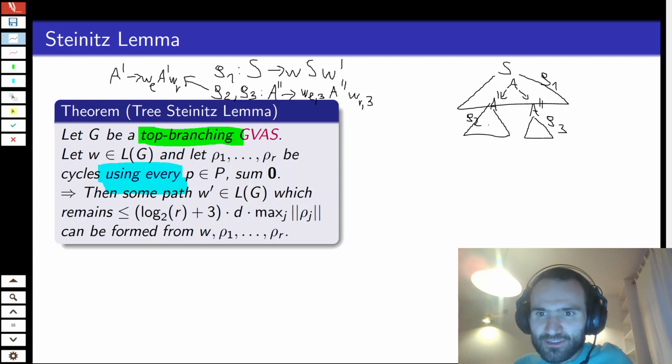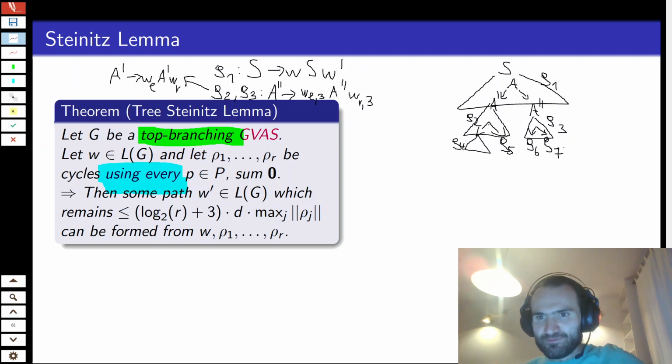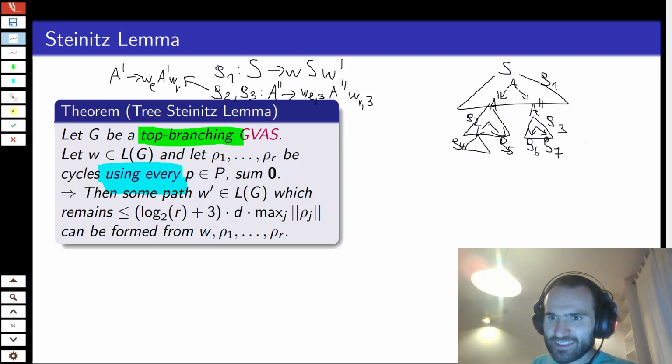Okay, and then we can argue the same. We can argue that here there will be 2 new non-terminals, and we will put row 4 here, row 5 here. Here there will also be 2 non-terminals. We will put row 6 here, row 7 here, and so on. And like this we will go on in a binary tree fashion.